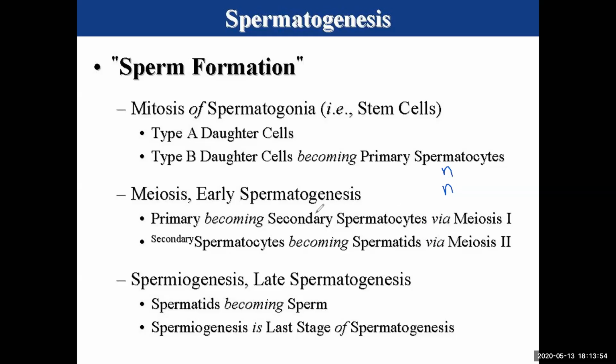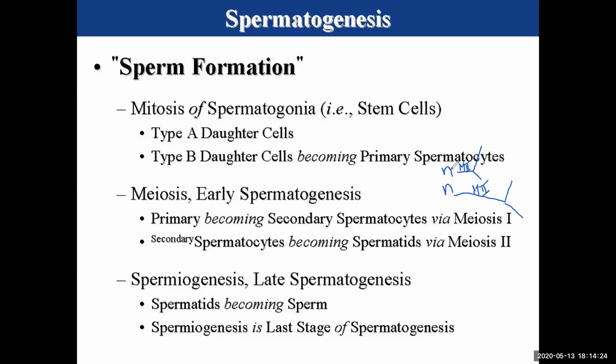Each of these secondary spermatocytes on their own will go through an additional cell division. And this is meiosis 2, with 2 as a Roman numeral.